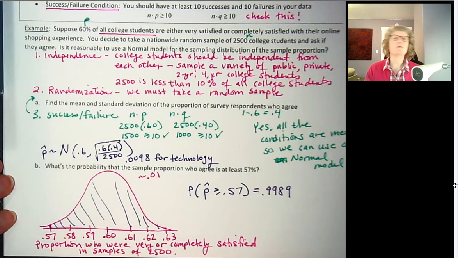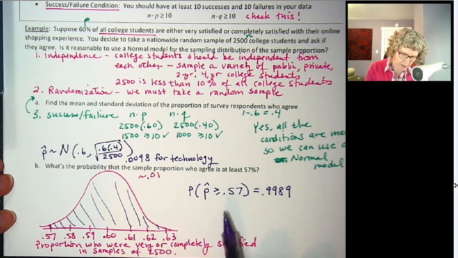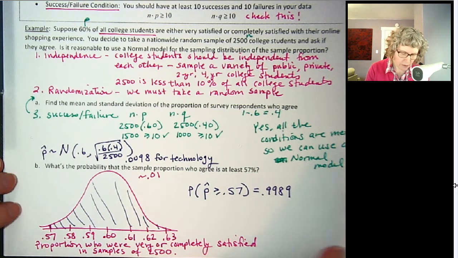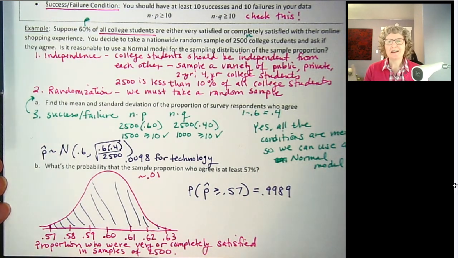So that's saying if we take a whole bunch of random samples, all the possible random samples, then the probability of getting a sample proportion of at least 0.57 is really high. It's 0.9989, okay? So we're going to be using this going forward, but right now we're just pretending we know the population parameter so that we can figure out what this sampling distribution looks like.